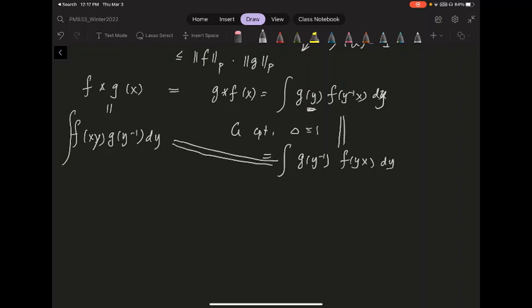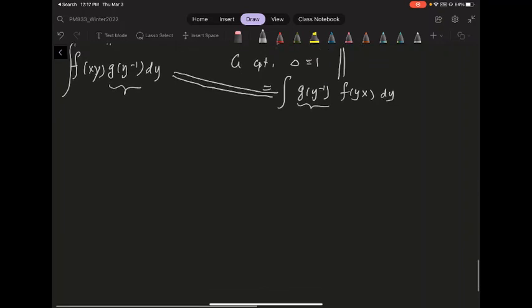Now because g is anything inside your LP, f of xy and f of yx integrate against any g and give you the same integral. So that implies f of xy is equal to f of yx for f in the center.